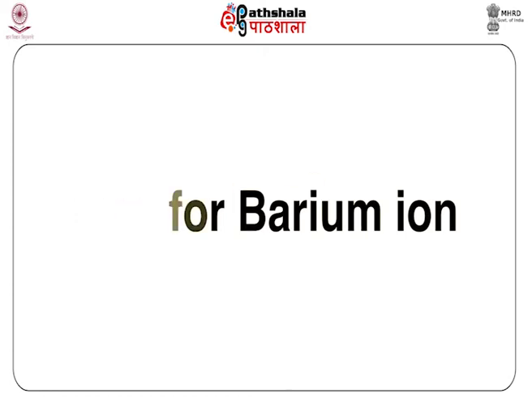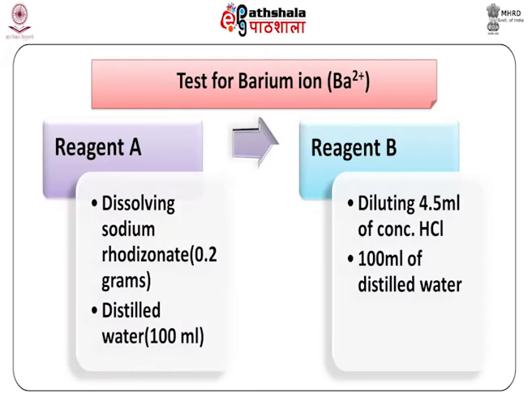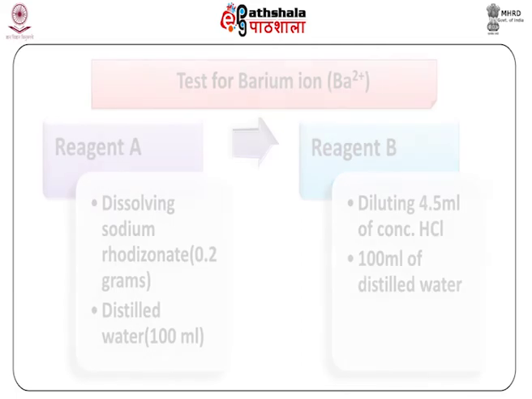Test for barium ion. Reagent A. It is prepared by dissolving sodium rhodizonate 0.2 grams in distilled water, that is 100 ml. Reagent B. It is prepared by diluting 4.5 ml of concentrated hydrochloric acid with 100 milliliters of distilled water.